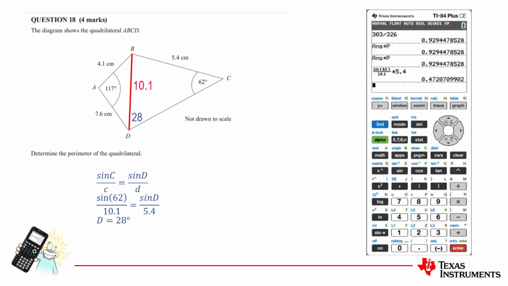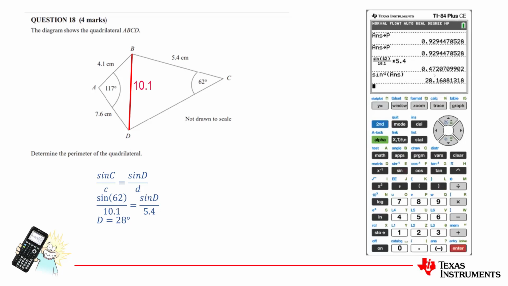5.4, and that should give me 28 degrees, because I haven't done the most crucial step, which is taking the inverse sine of that answer to then give me my 28 degrees.